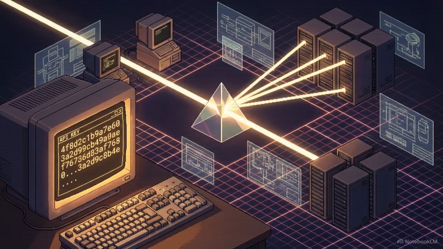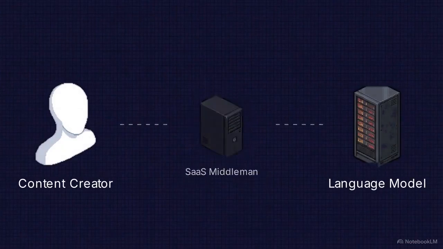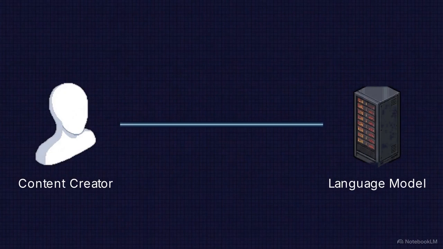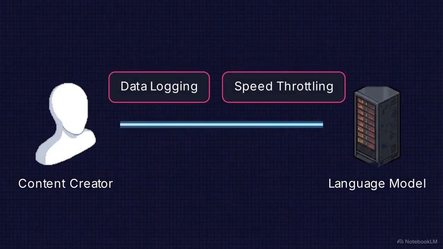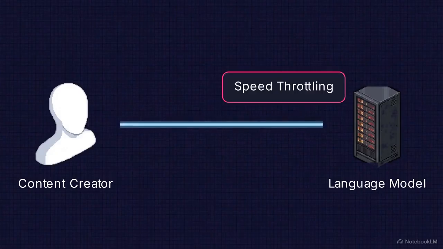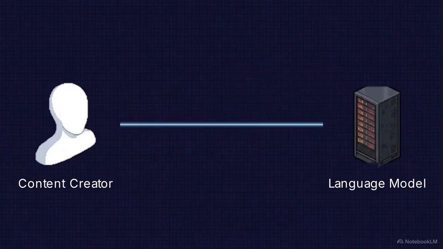Instead of using a developer's shared credentials, you input your own personal, free Google Gemini API key. By removing the cloud middleman, the software communicates directly with the language model. You are no longer subject to a third party tracking your queries or throttling your output volume to protect their server costs.